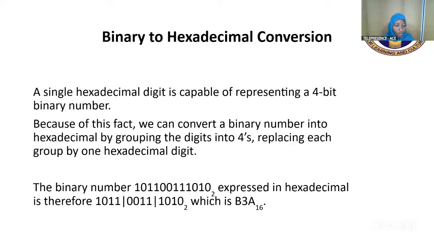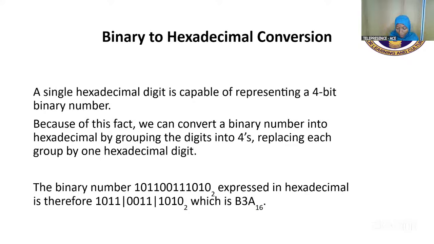For this conversion, the binary number is grouped into 4 digits. When we group it into 4, we then find the equivalent hexadecimal value of those 4 bits.